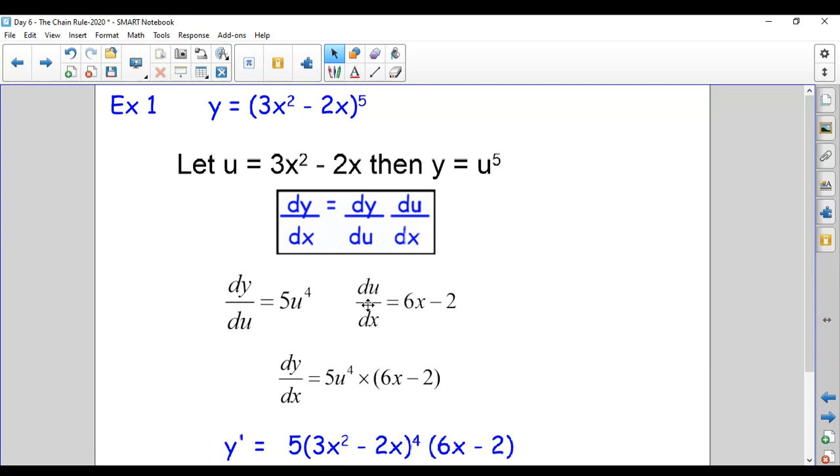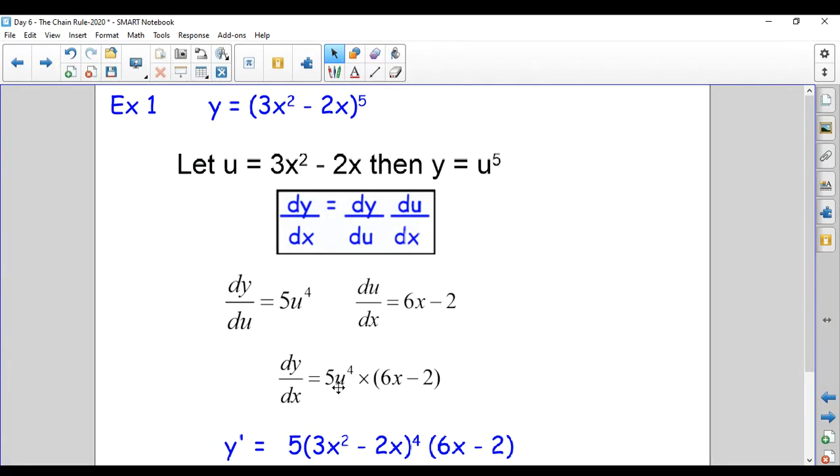So these are two separate functions that seem to have two different variables. But I have a dy du and I have a du dx. If I multiply both of these together, as it says in this box right here, then I should end up with a direct relationship between y and x.